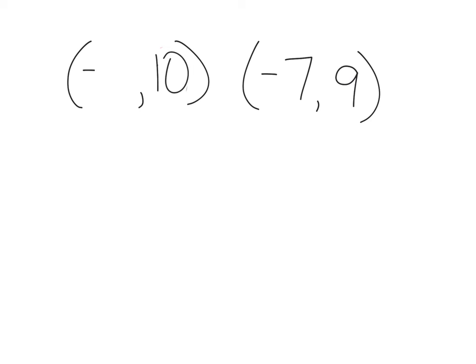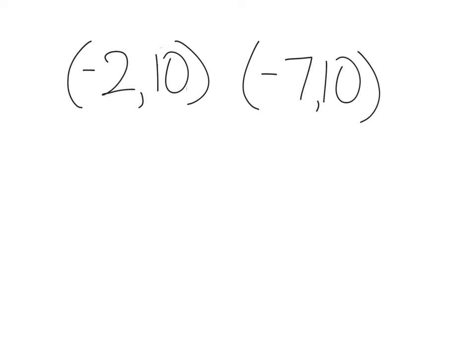I'm going to say that this is -2. Change this one to 10. Yeah, that's a little bit better for what I'm trying to show you. So here are our new ordered pairs. We have (-2, 10) and then we have (-7, 10).